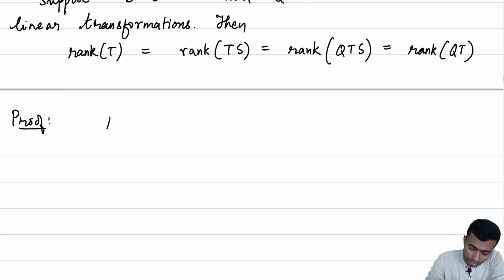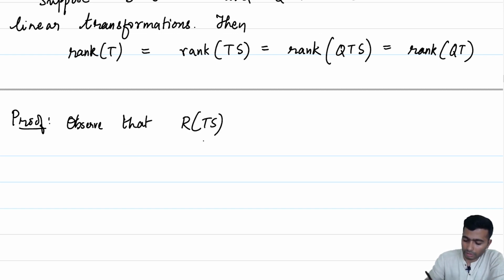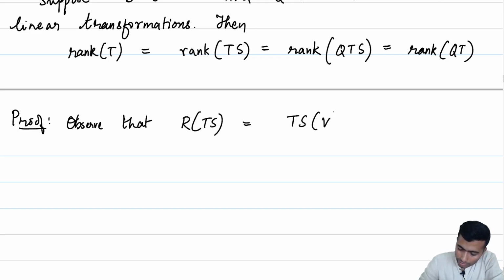But observe that R of TS is basically T of S of U. It is the set of all elements of the type TS of small u where u belongs to capital U. But observe that S is an invertible linear transformation.